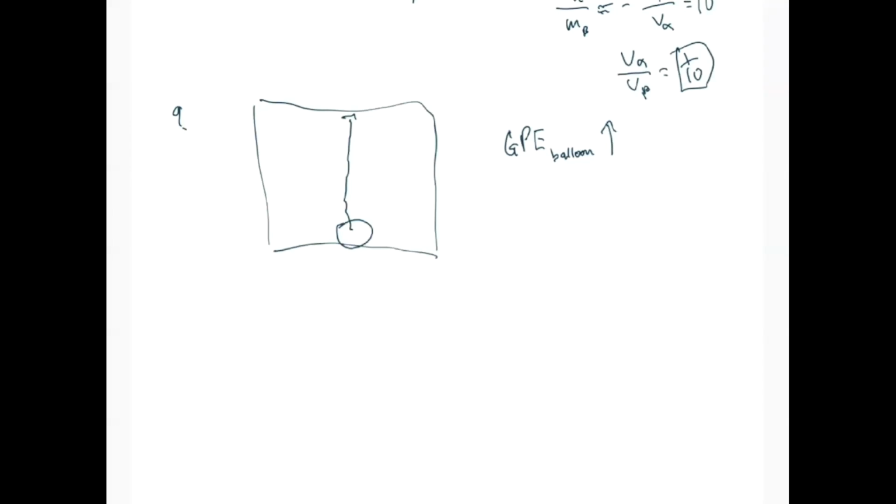Well, to do this, if you think about it, as the balloon goes from the bottom of the room to the top of the room, it's effectively transferring a parcel of air from the top of the room to the bottom of the room.